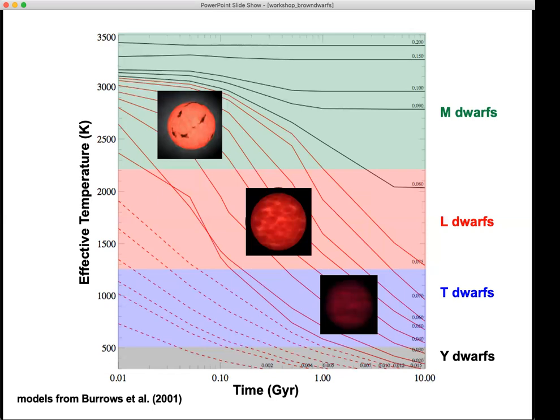Or if it's really young, it could be one of these planetary objects. So this fact that these brown dwarfs change temperature over time and change spectral class also means that there's kind of a degeneracy here. If I know the spectral class of an object, it actually could be a very wide range of objects depending on its mass. So that's not something we see with stars.